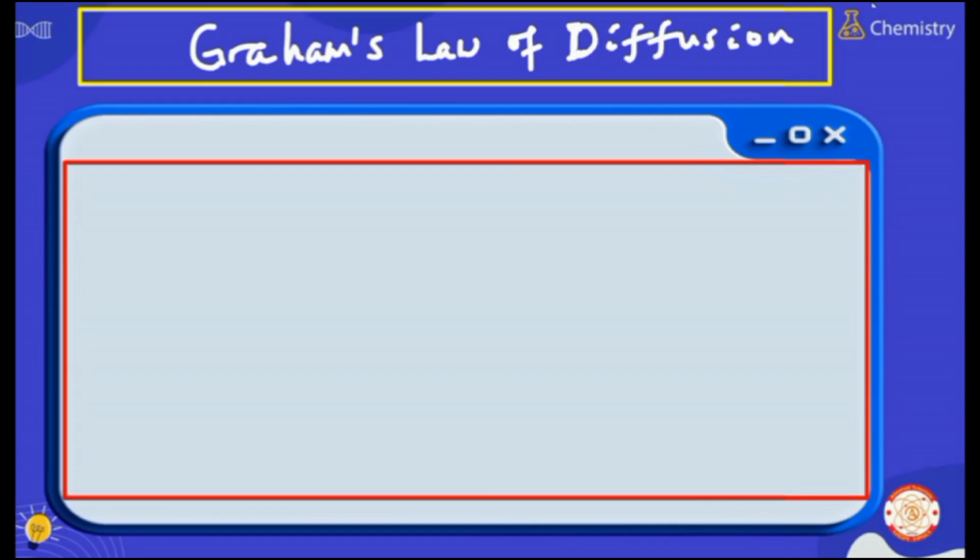The answer is no, right? Some gases move faster, while some gases move slower.